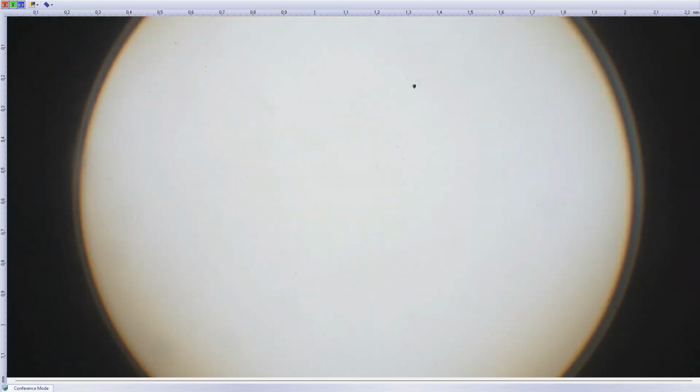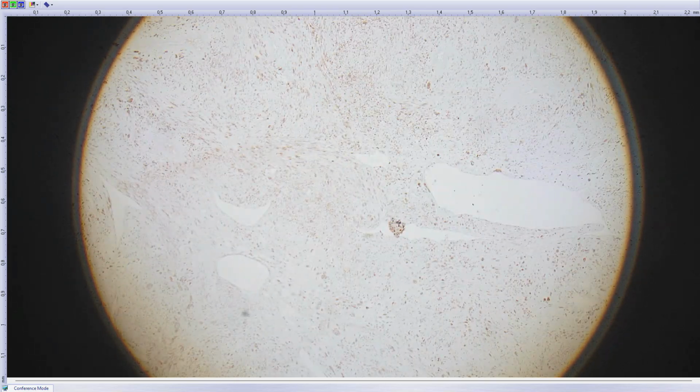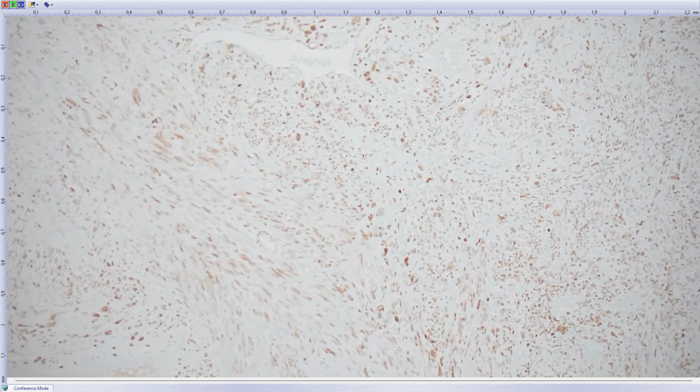And this was the case representing another subset of uterine leiomyomas with bizarre nuclei, those having RB1 deficiency and also TP53 or P53 aberrant expression. This is P53 staining, and there was overexpression.